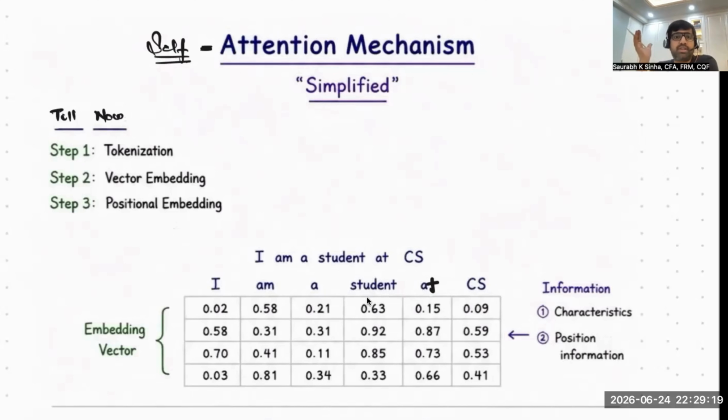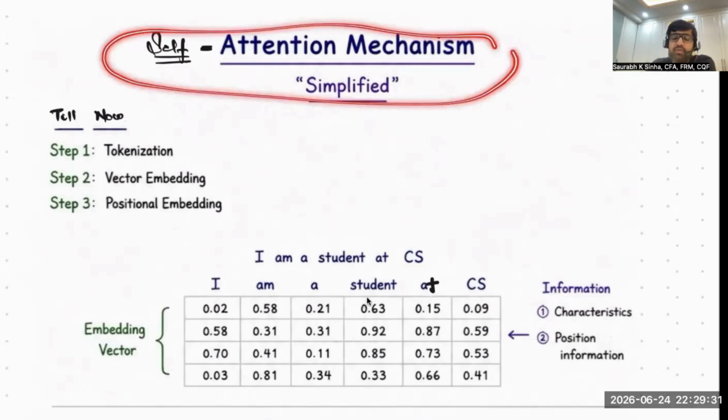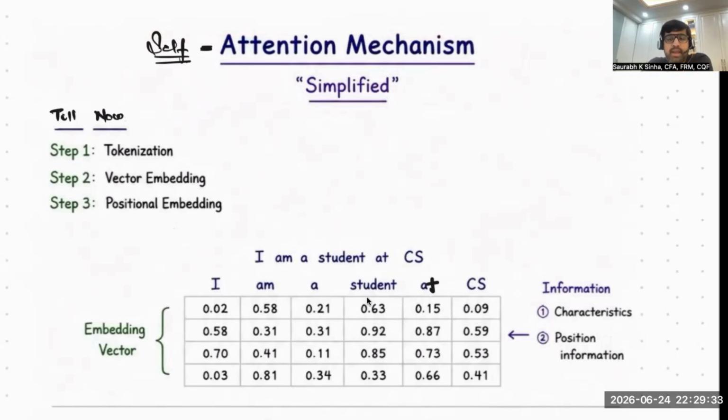I'm not saying tokenization, vector embedding, positional embedding were not important. They were important. But if you really want to optimize your engine, your LLM model, then you should dedicate a lot of time to the self-attention mechanism. In this series of lectures, I'll try to discuss why, not just how: the rationale behind the maths and the algorithm of self-attention.